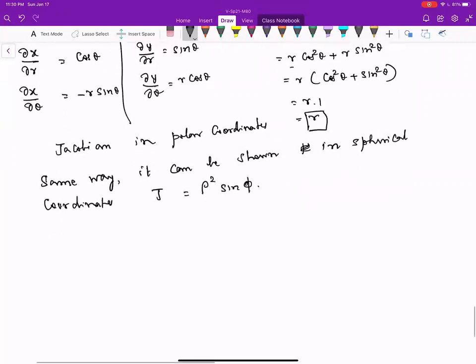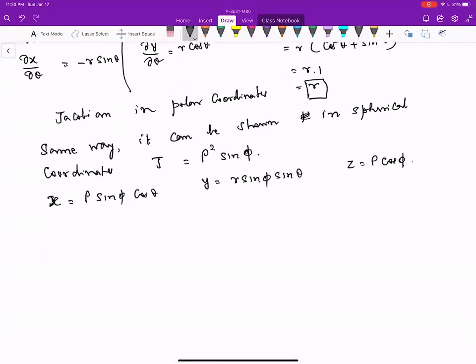In spherical coordinates, we know that x equal to rho sine phi cosine theta, y equal to rho sine phi sine theta, and z equal to rho cosine phi.